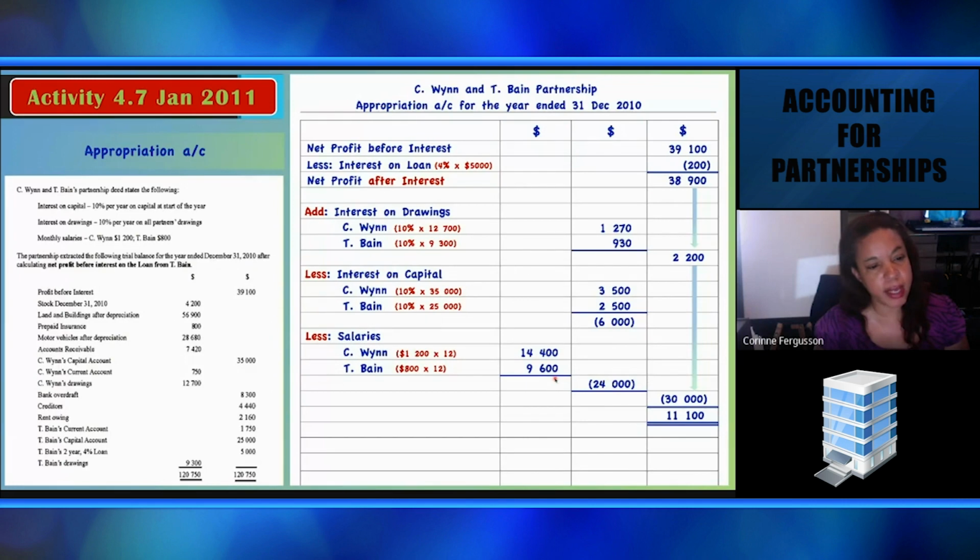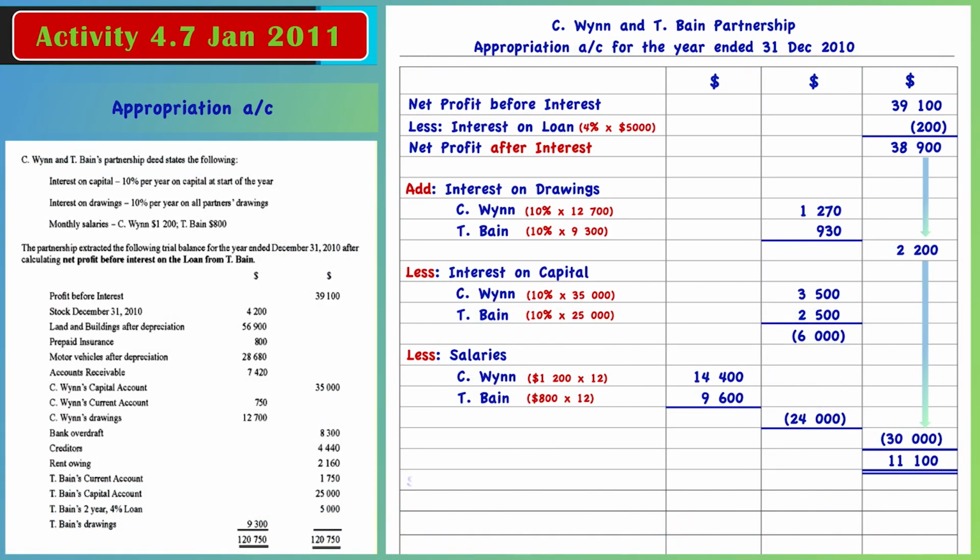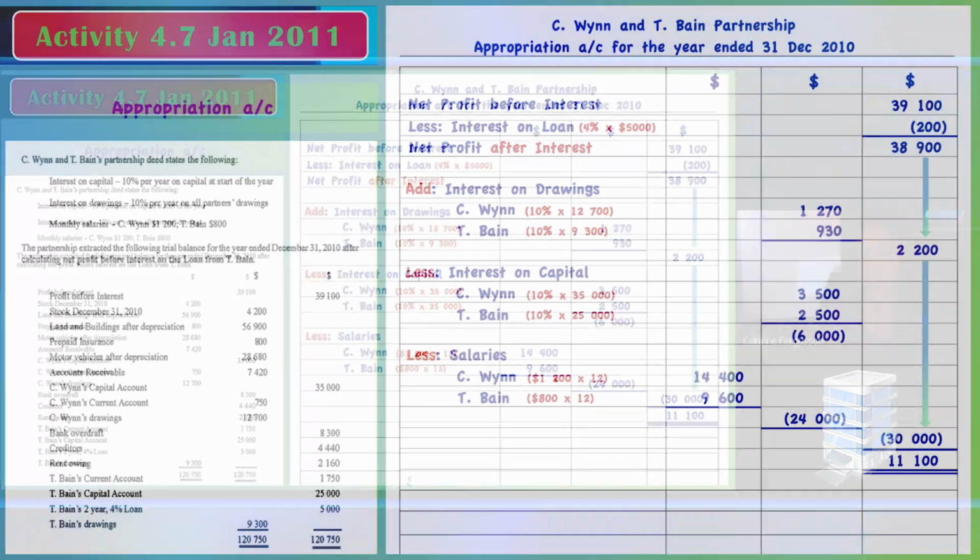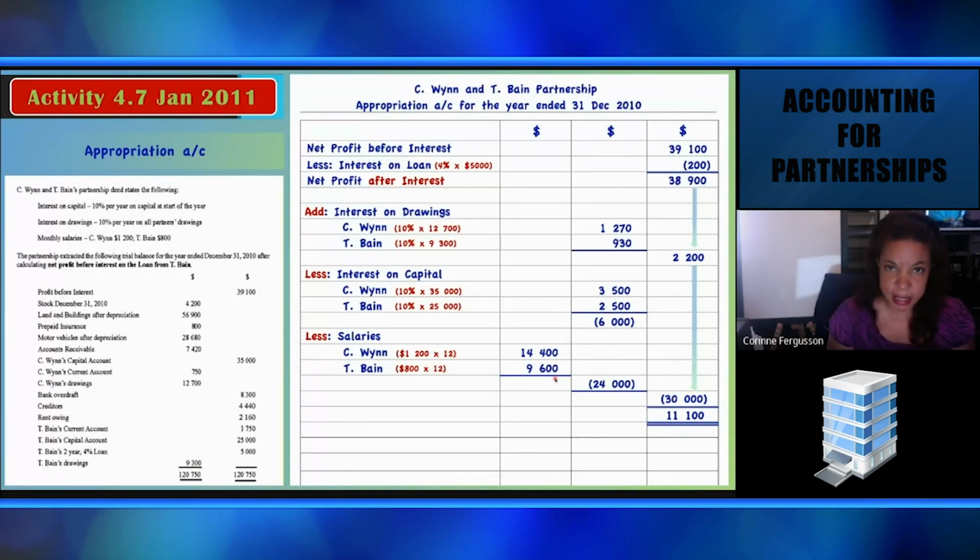Okay, so then the next step, I'm not seeing anything there in terms of how you allocate your profit. Because they did not state how they do it, most of you, even if you had the correct answers on top, once you showed your working, you would have gotten marks for sharing your profit equally according to the Partnership Act.